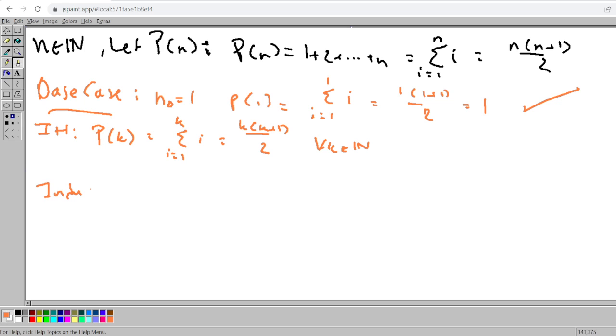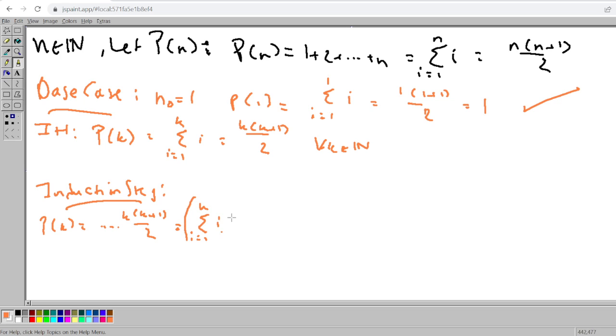Now this is where the induction step comes in. The induction step itself. So let's show P(k plus 1). One more time. So P(k) is equal to k(k plus 1) over 2. All right. Now we're going to actually rewrite it as the sum from i equals 1 to k of i.